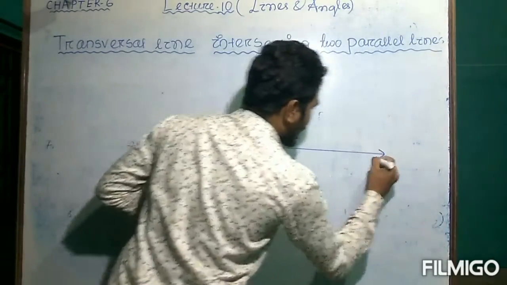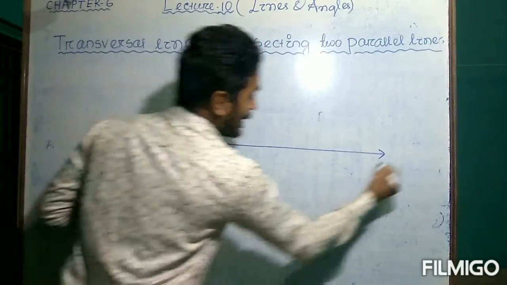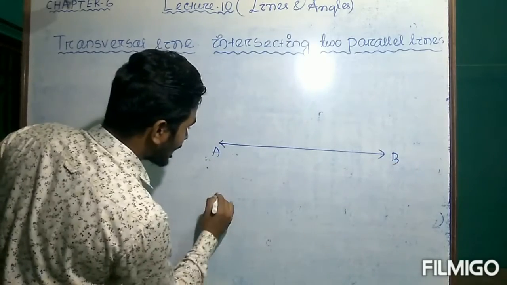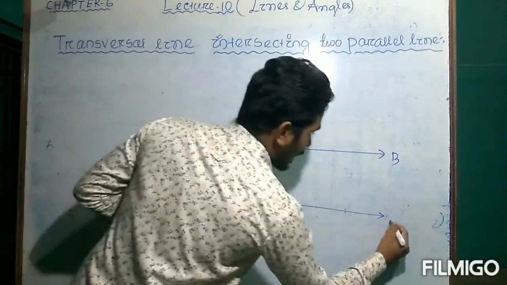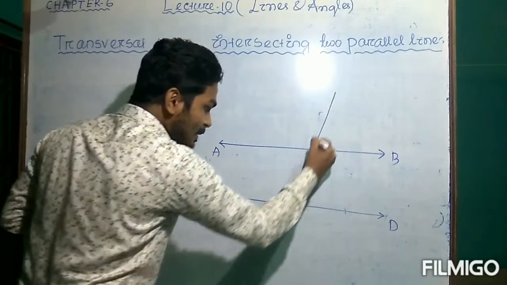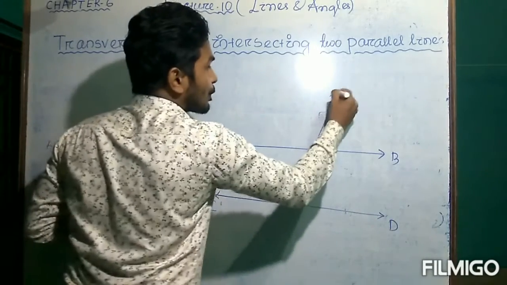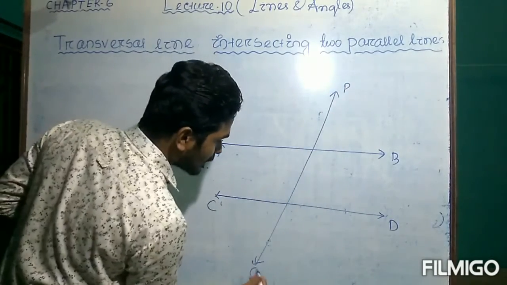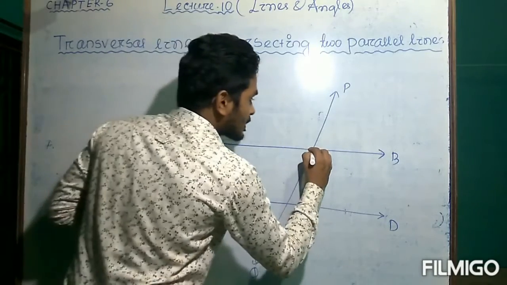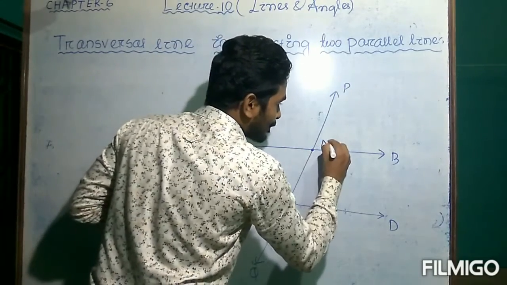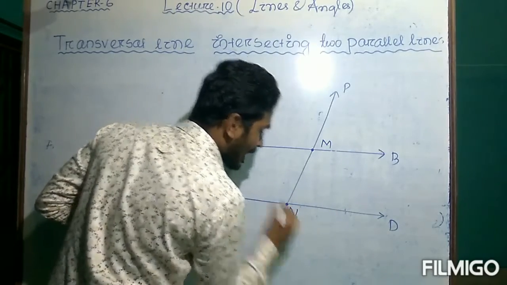Suppose there are two parallel lines AB and another line CD, and transversal line PQ intersects these two parallel lines at two distinct points. Suppose this point is M and this point is N.